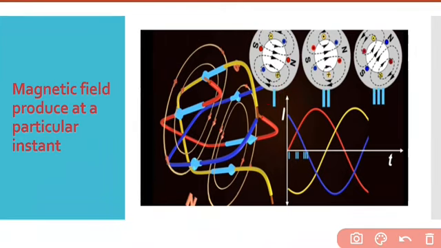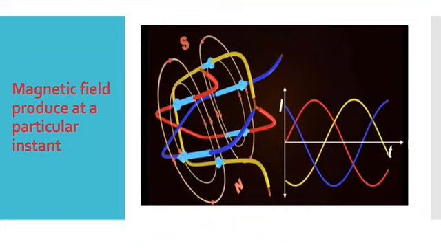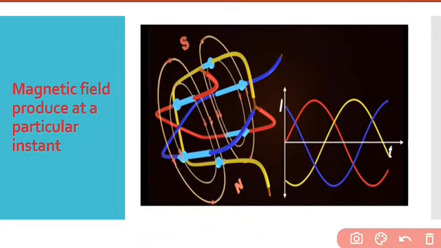The synchronous speed phenomenon we will understand over here. You can see that at the different instances, the three-phase current is going to be produced due to this magnetic field. This is the first phase, the second phase, and the third phase.